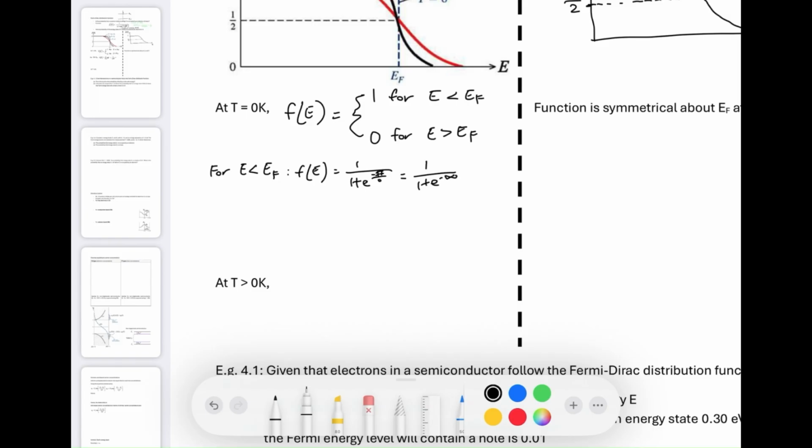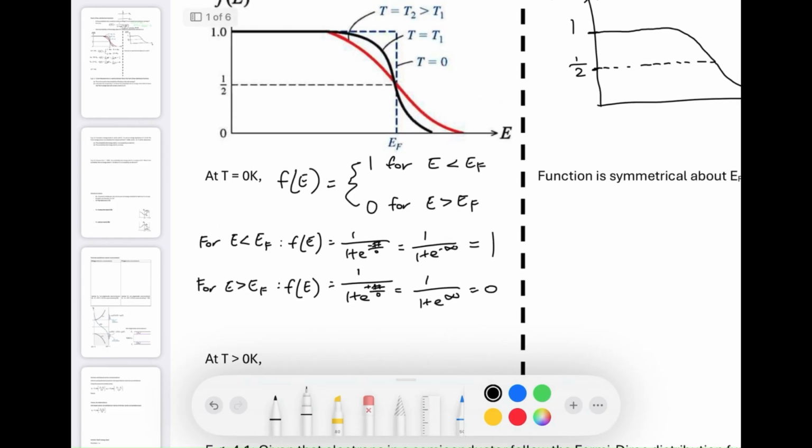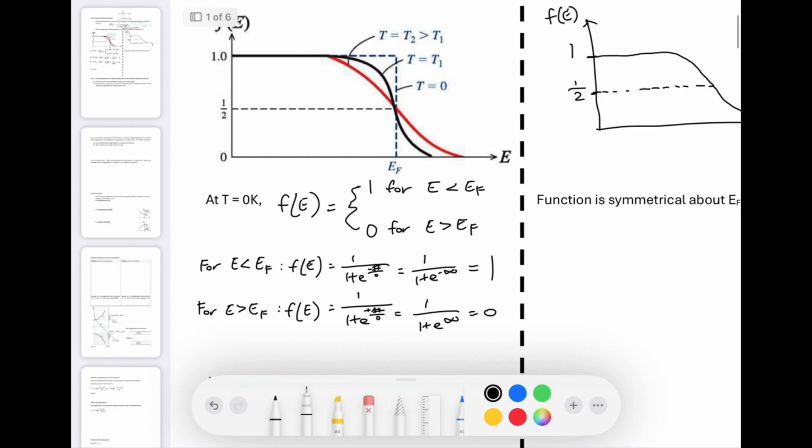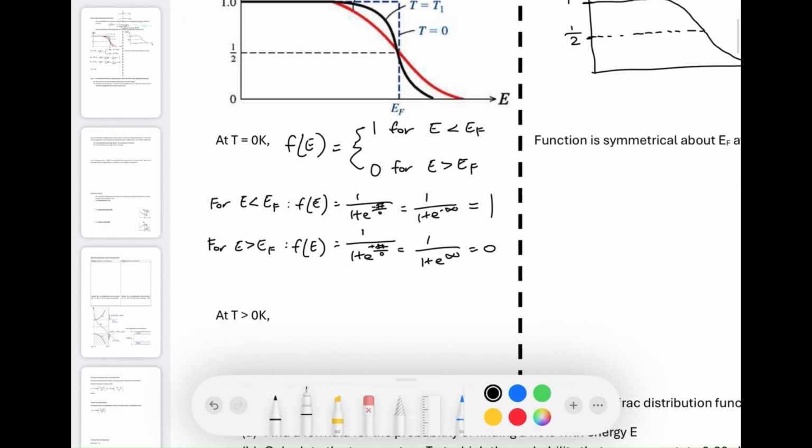And e to the power of negative infinity is 0, so this equals 1. For E larger than EF, F(E) is 1 over 1 plus e to the power of a positive number over 0, so this is 0. That's why at T equal to 0 K, it drops straight down to 0, like an absolute shift.